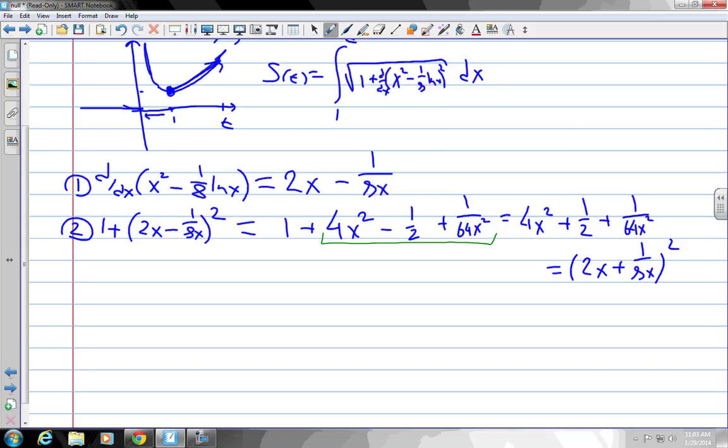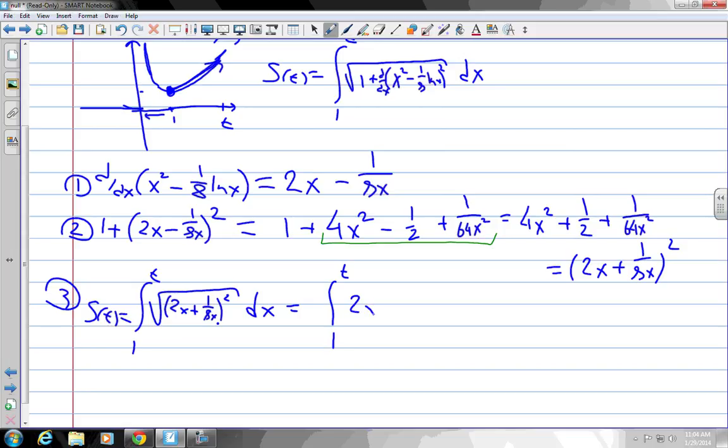Good, perfect square, so that means I can take a square root of that. So my function is the integral from 1 to t of the square root of 2x plus 1/8x, squared, dx. The square root and the square go away. x stays positive. So from 1 to t, 2x plus 1/8x dx.